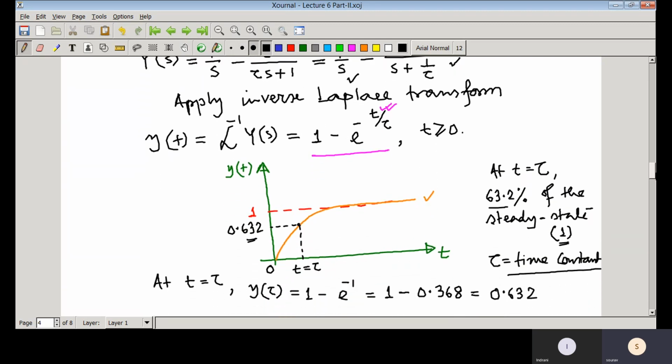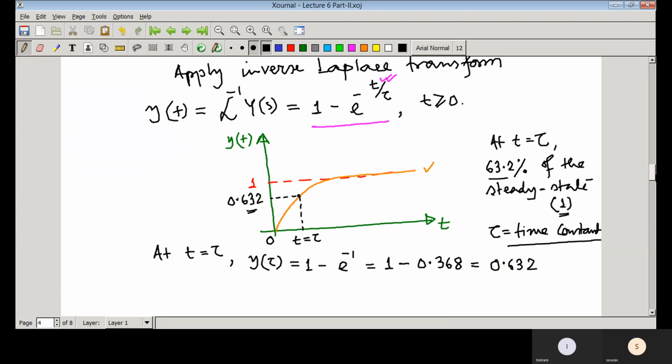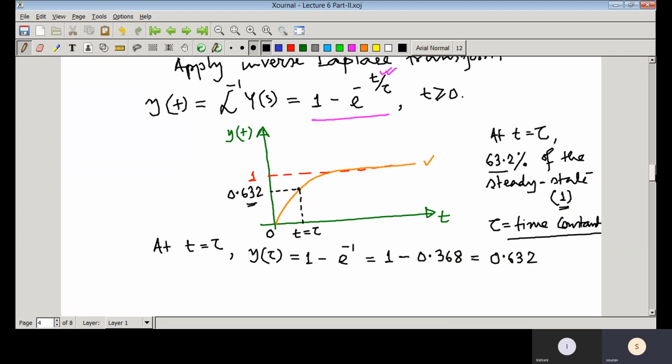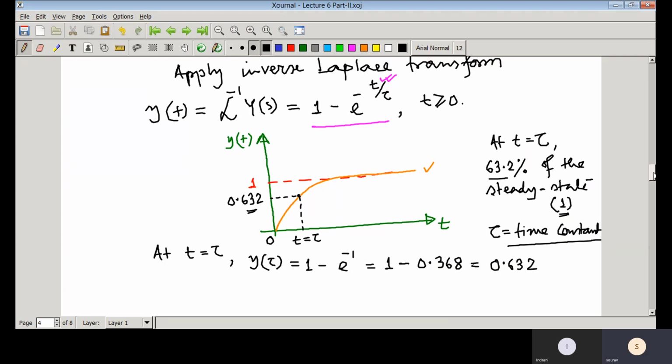And here we have found another terminology, that is that time constant. So time constant is defined like this. It is the time which is required to reach 63.2% of the steady state, and here as the steady state is 1, this tau time is required to reach 63.2%. So this tau is called the time constant.